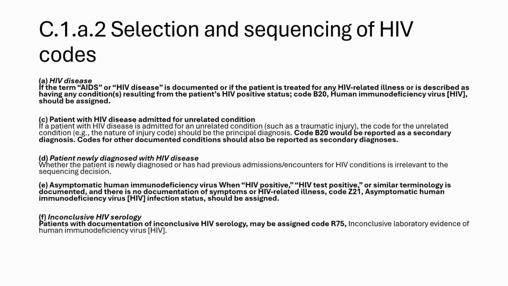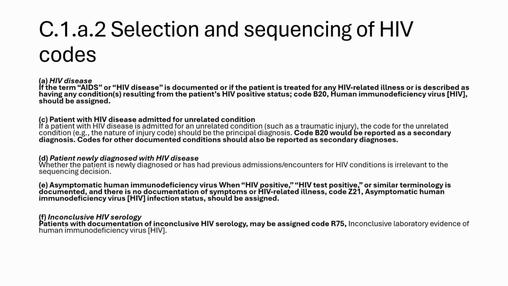HIV sequencing saw some updates this year. So what this guideline update says is that if AIDS or HIV disease is documented or the patient is treated for an HIV-related illness, we assign B20. If the patient is HIV positive with no documented symptoms, we use Z21.